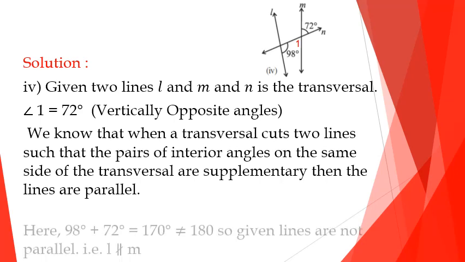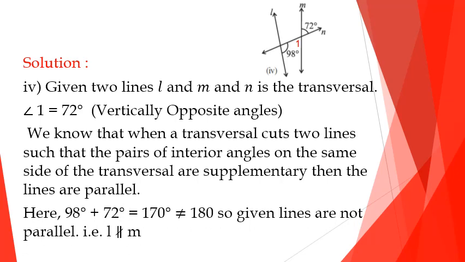So we can substitute the value here. Instead of angle 1, we can put 72. So 98 plus 72 equals 170 degrees, which is not equal to 180 degrees. So the given lines are not parallel. That is, here also L is not parallel to M.